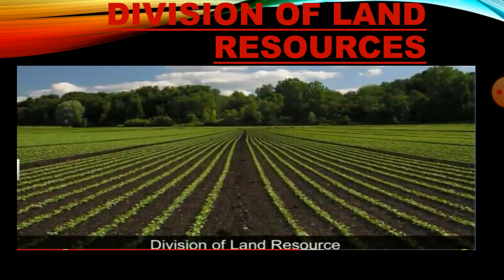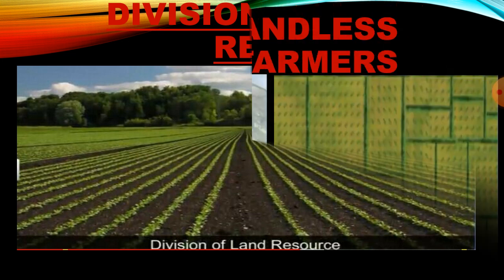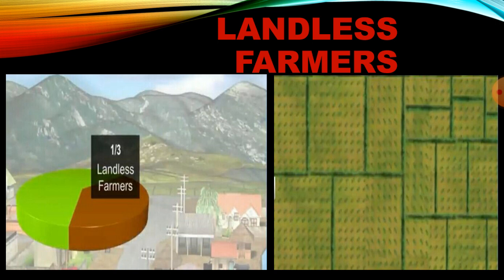Of the remaining families who own land, 240 families cultivate small plots of land less than 2 hectares in size. Cultivation of such a plot doesn't bring adequate income to the farmer's family.